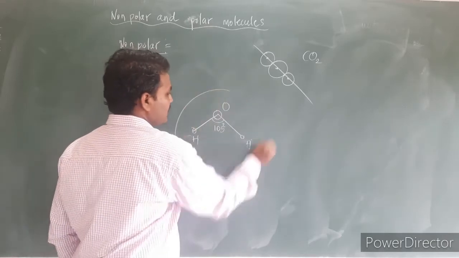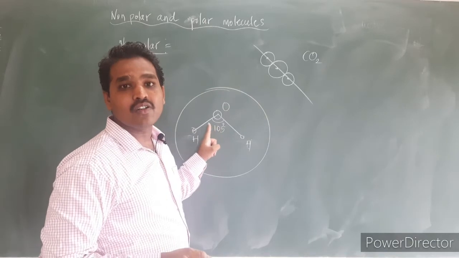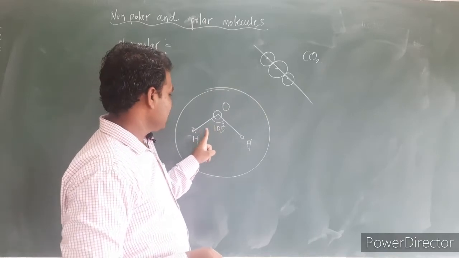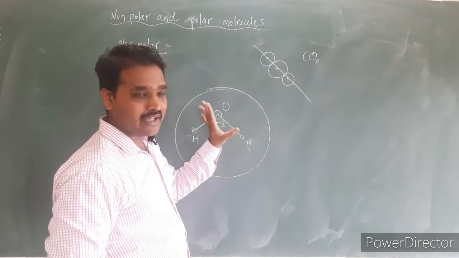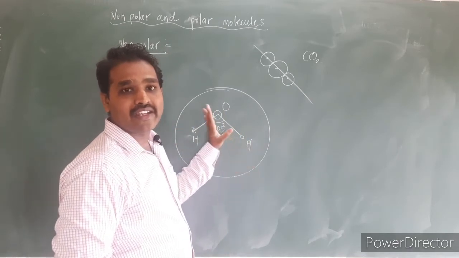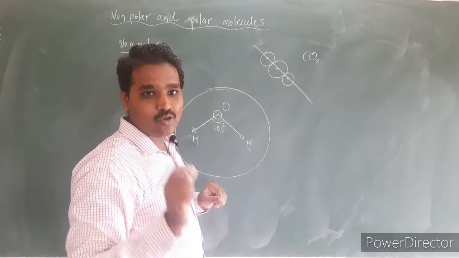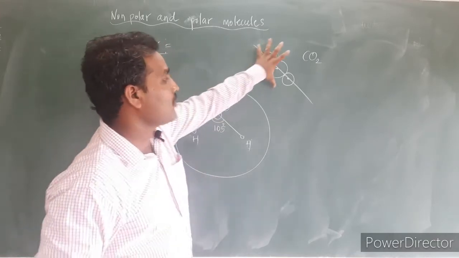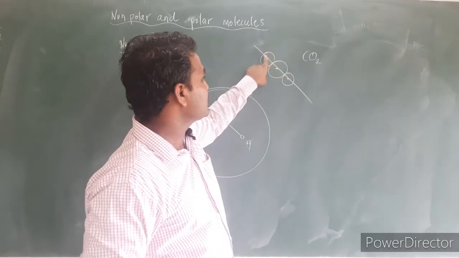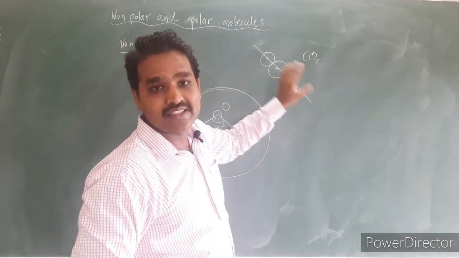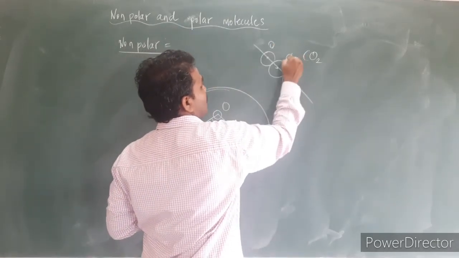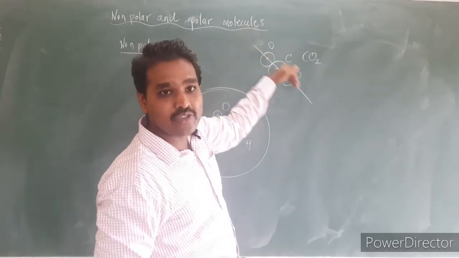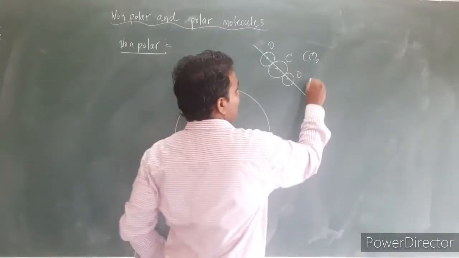When I consider the molecular structure of the water molecule, all these three atoms are not in the same line, and the centers of the positive and negative charges do not coincide. The molecules in which the centers of positive and negative charges coincide, such molecules we call non-polar molecules.